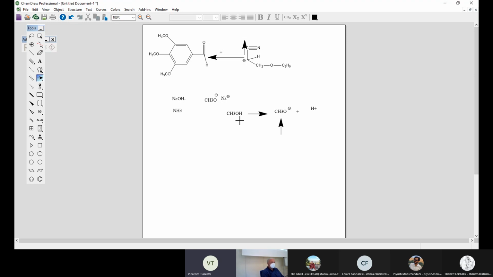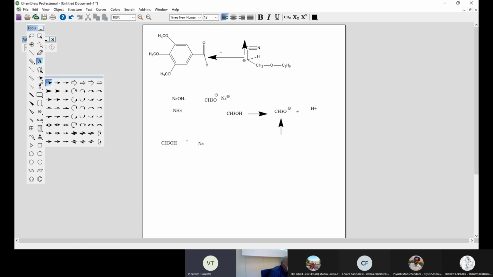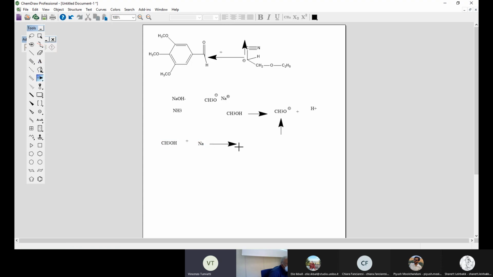How can we form sodium methoxide? It's a very simple reaction. We can put together methanol plus metallic sodium. If we put together these two compounds, it is an exothermic reaction.